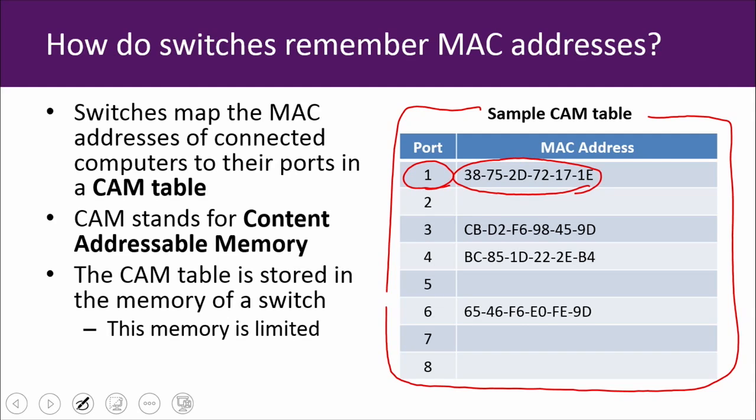People can take advantage of the fact that switches store MAC addresses in their memory by constantly sending MAC addresses and flooding that switch and making it difficult for it to be able to store that information. And then that can render the switch inoperable. So keep that in mind.